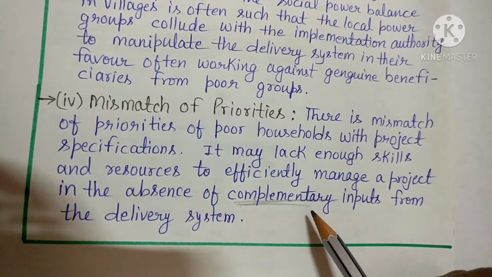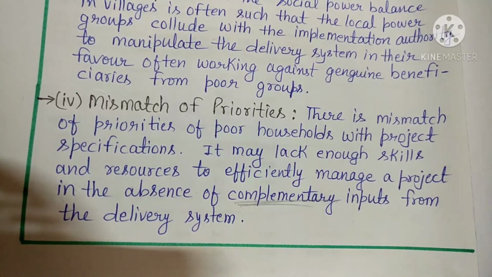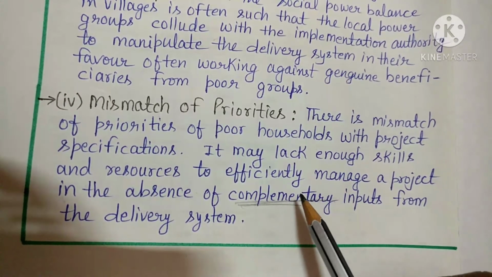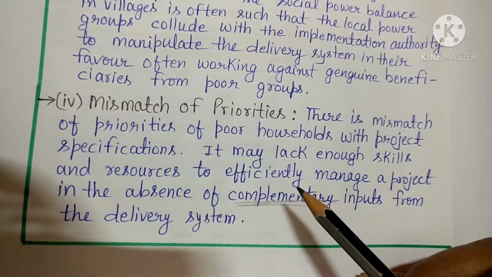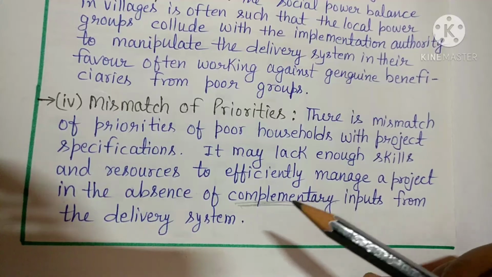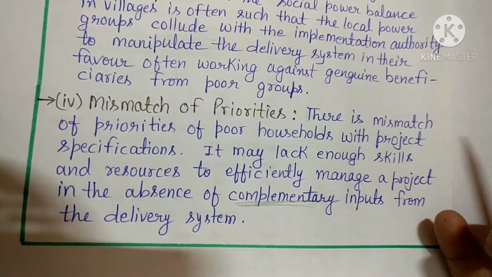Without them they can't work. So they did not provide the machines, but they are saying that you complete the work. So how can they complete the work? This type of mismatch of priorities has created more poverty only. These things are the reasons that the programs are not as successful as they were expected to be.